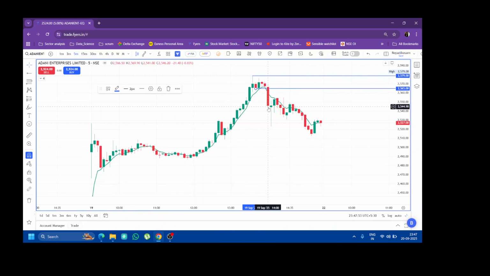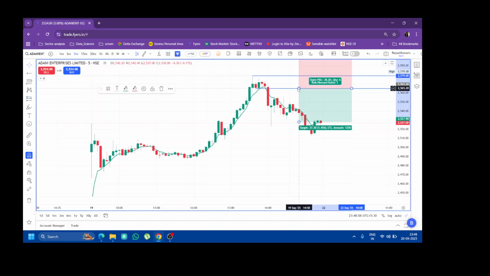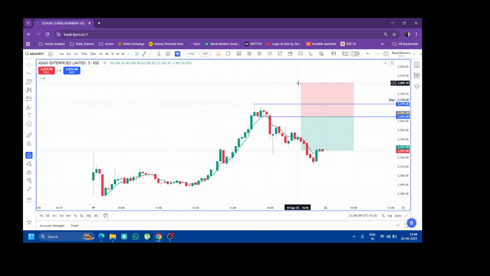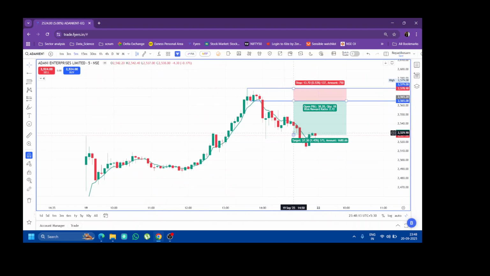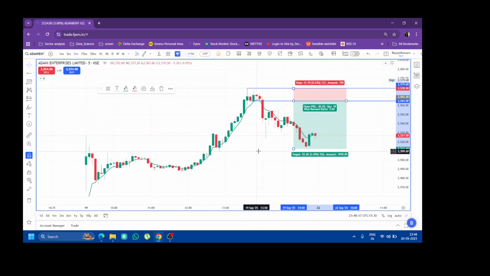Such a big candle has come and the reversal also happened, and the sell side traders executed. Now you could see on this pullback after such a buy, above this will be your stop loss and the remaining will be your sell side profit. This has come 1 is to 3, correct? This has come 1 is to 3.